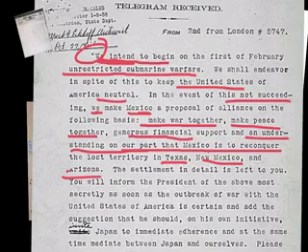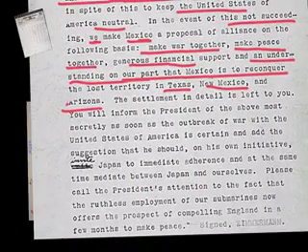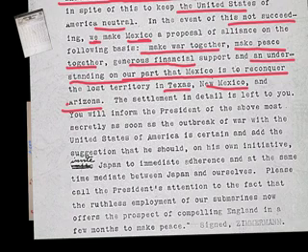The settlement of this detail is left to you. Basically, with this proposed treaty that the Germans are making with Mexico, the United States is to stay busy in the South, fighting for Texas, New Mexico, and Arizona against Mexico.